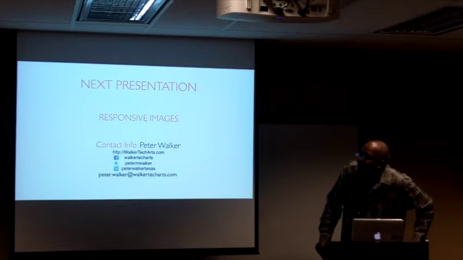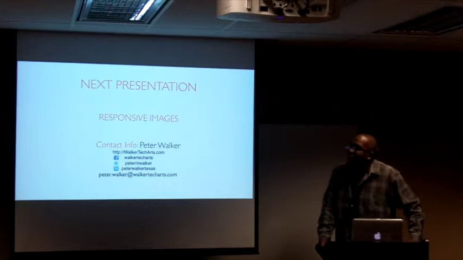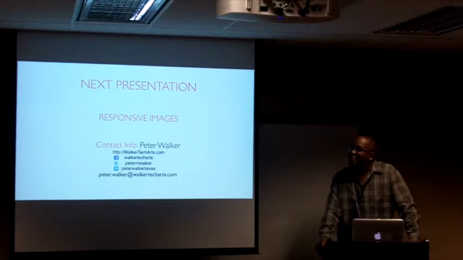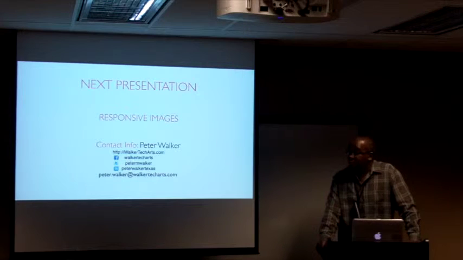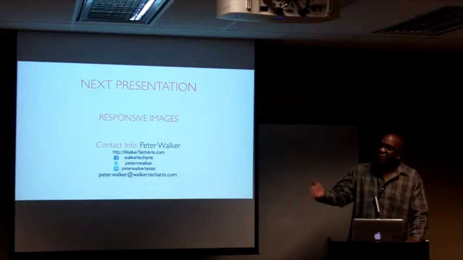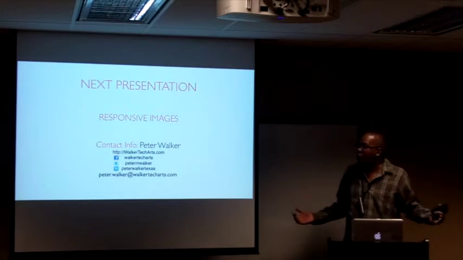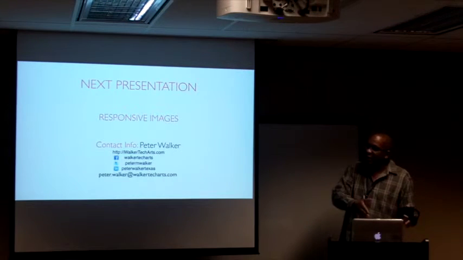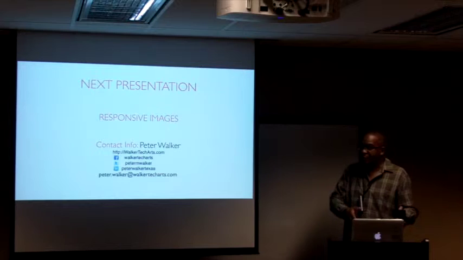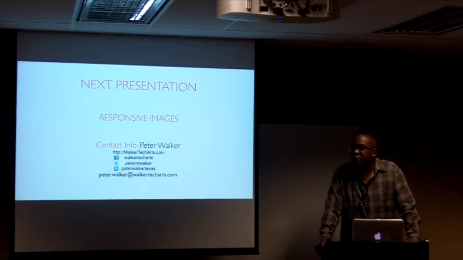I'm just wondering, why are we using tables instead of like div sections for the changes in the style? Oh, because you can. Just because you can. Because if you use div, you can use whatever content you want in your HTML file. The important part is the media query and how you use those media queries.